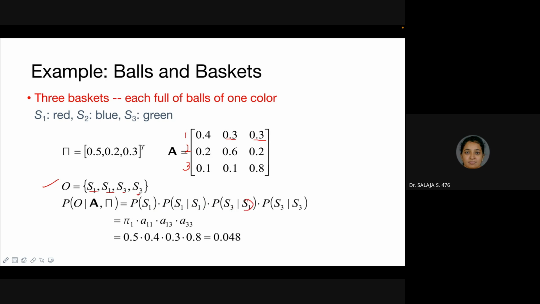The last S3 is P of S3 based on the previous state S3. And if you multiply them, they have defined it as pi 1, A11, A13, A33. Pi 1 is 0.5, A11 is 0.4, A13 is 0.3, and A33 is 0.8. So you have an overall probability of 0.048 for the defined sequence.